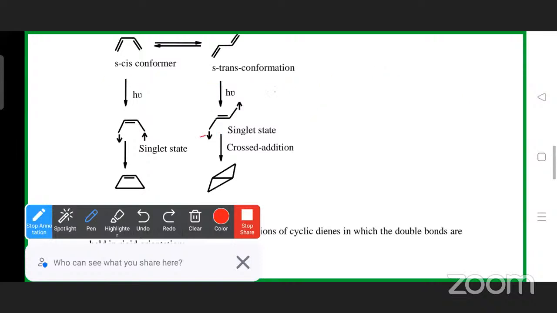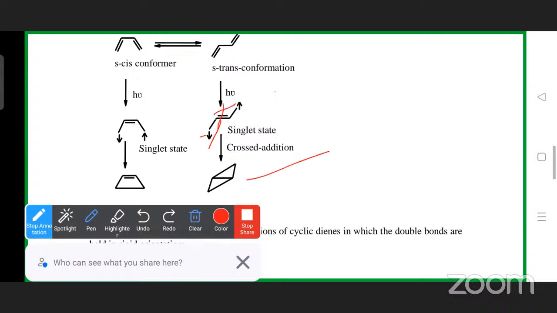And the terminal double bonds may undergo cross linkage. It is combined here and here, so we are getting this product.